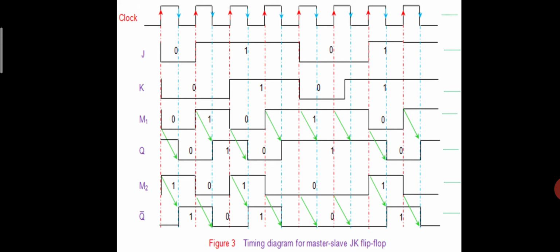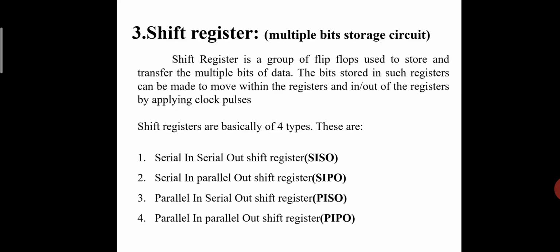So this is about the flip flop, and now we shall move on to an important concept, the shift register. A shift register is a group of flip flops used to store and transfer multiple bits of data. In a flip flop, we can store only one bit of information, but in a shift register we can store multiple bits.